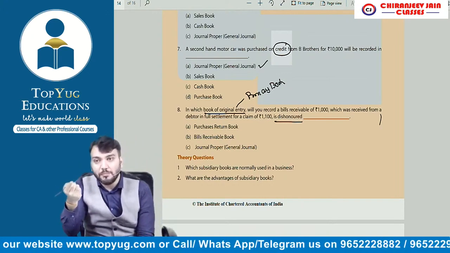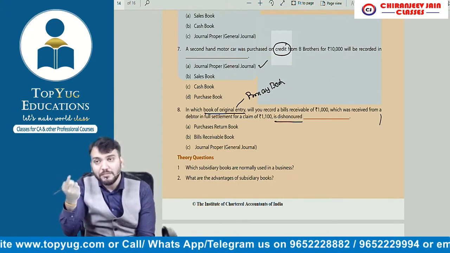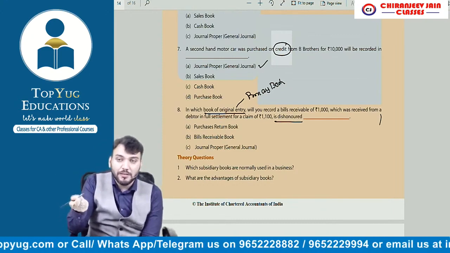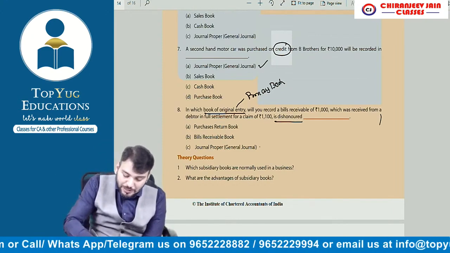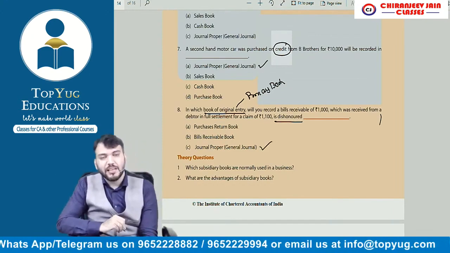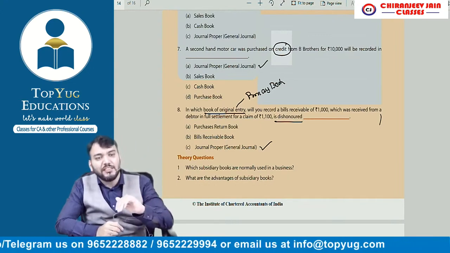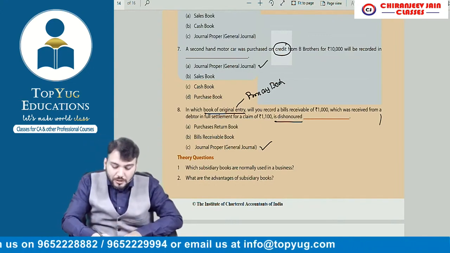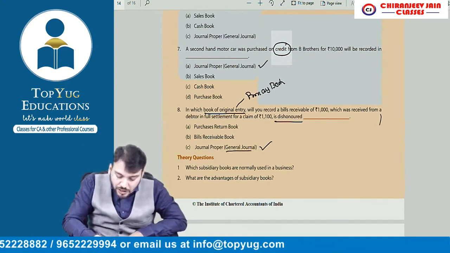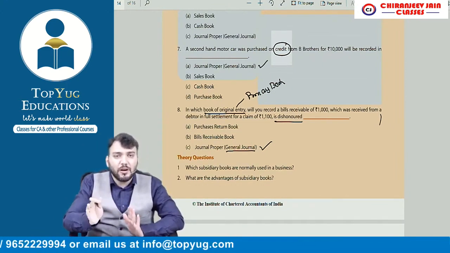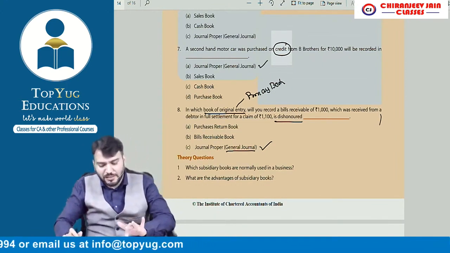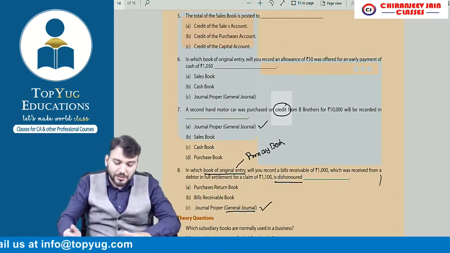So it means dishonor of bill, and dishonor of bill will be recorded in the journal proper. The general journal is also known as journal proper.